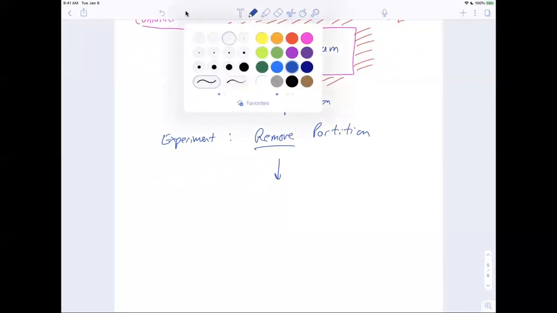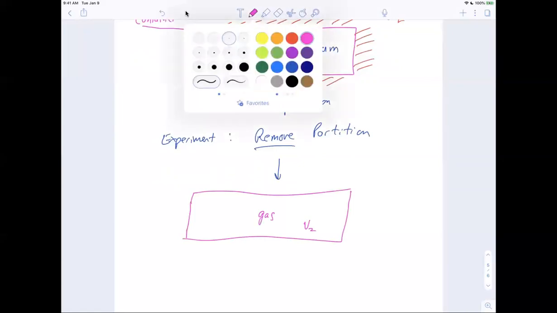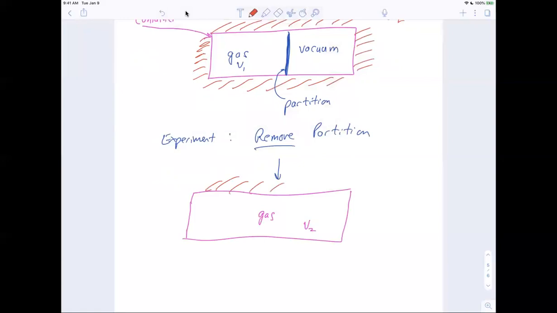After the experiment, we have our container, and you'll have to envision that it's the same size, even though it may not be drawn the same size. Now we have gas on both sides, with volume V2. Of course, it's still insulated, and that hasn't changed.